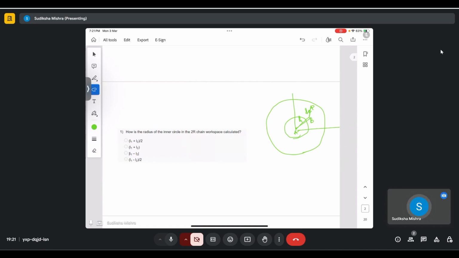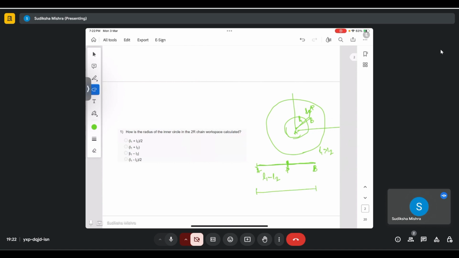The inner circle is basically the lower limit of the workspace, which would happen, assuming L1 is greater than L2, if BP folds over on AB. So P is somewhere in the middle, and this essentially is your length, which is L1 minus L2.